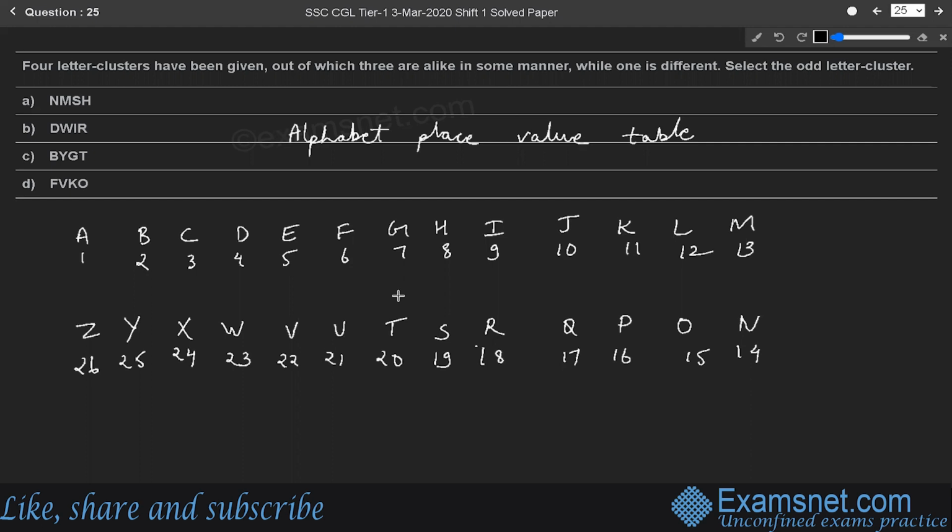So now we have to understand the pattern that is followed in this question. We have to consider all the options one by one. First option is NMSH. So now listen very carefully, because once you understand the concept, then this question is very simple.